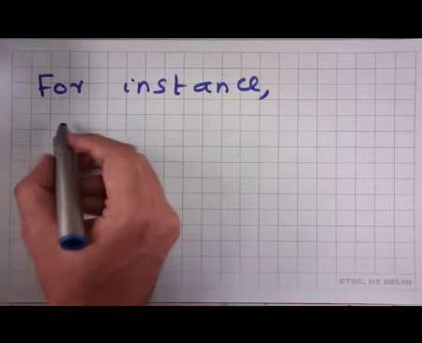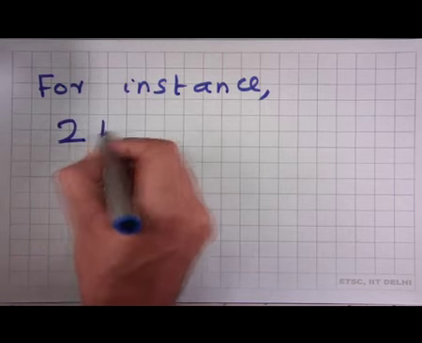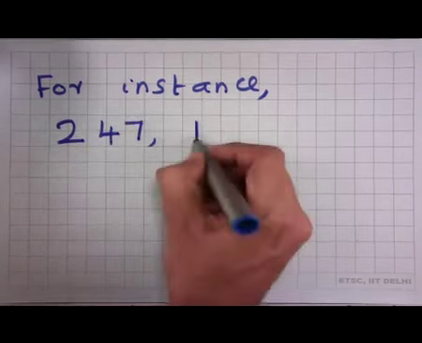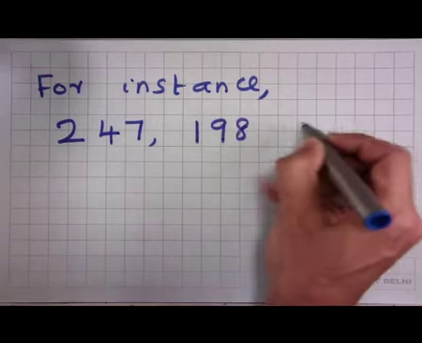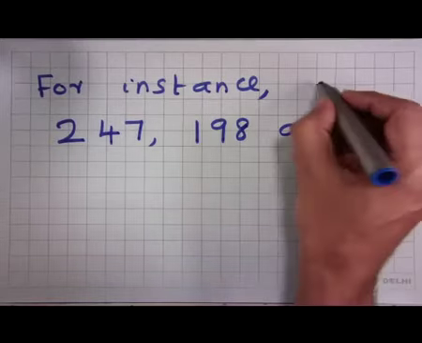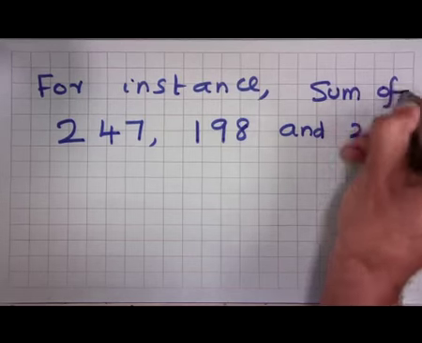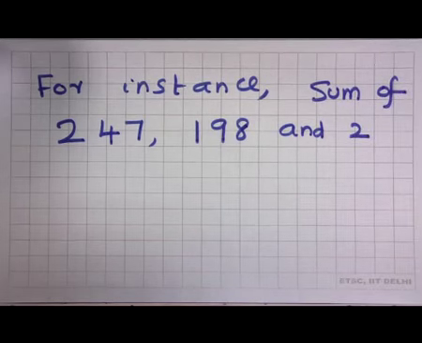if we are asked to find sum of say 247, 198 and 2, as we observed previously, we can add them in 6 different orders.